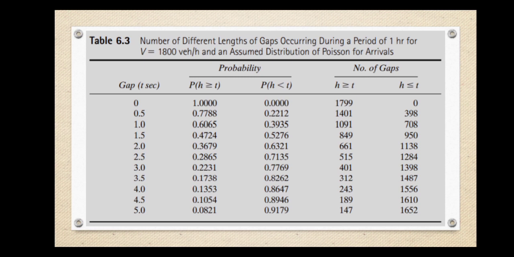The reason for this is that although theoretically there are definite probabilities for the occurrence of gaps between 0 and 1 seconds, in reality these gaps very rarely occur, since a driver will tend to keep a safe distance between his or her vehicle and the vehicle immediately in front. One alternative used to deal with this situation is to restrict the range of headways by introducing a minimum gap.